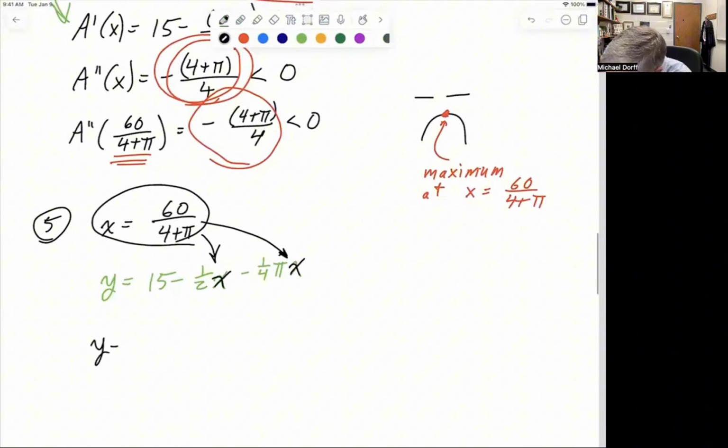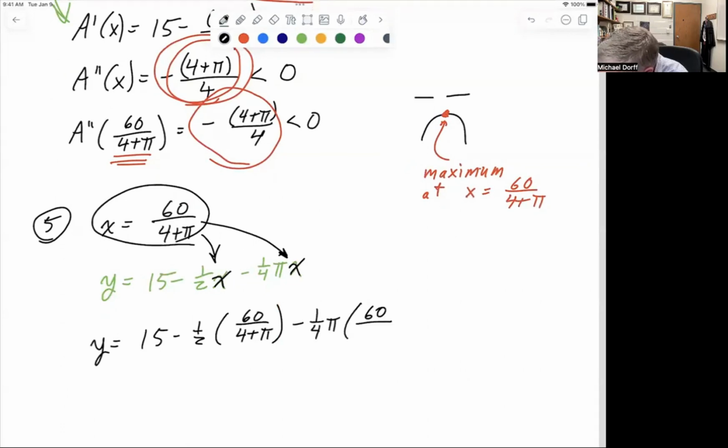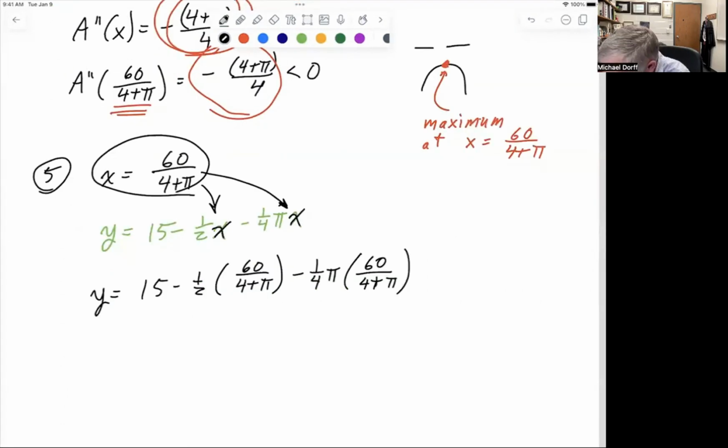So I get y equals 15 minus 1/2 times 60 over (4 plus pi), minus 1/4 pi times 60 over (4 plus pi). This is kind of a mess, but we can still keep working with it. Let's get a common denominator of 4 plus pi. So I'm going to have 15, and I have to multiply the top and the bottom by 4 plus pi.